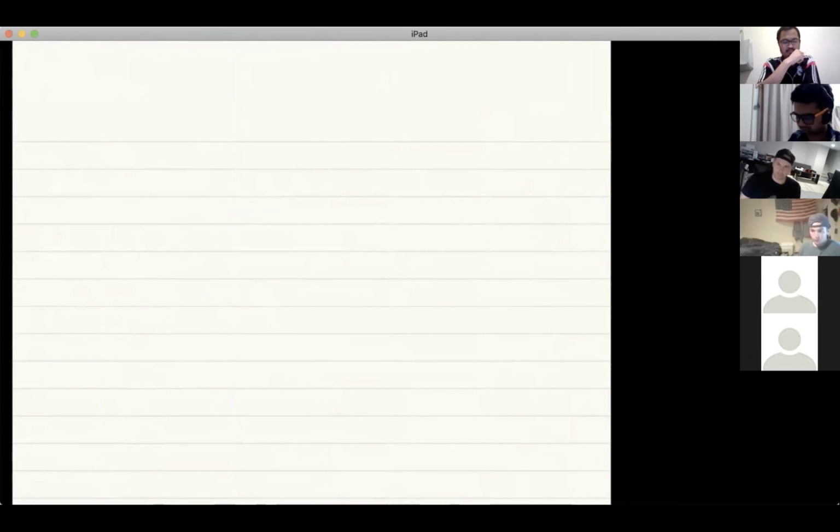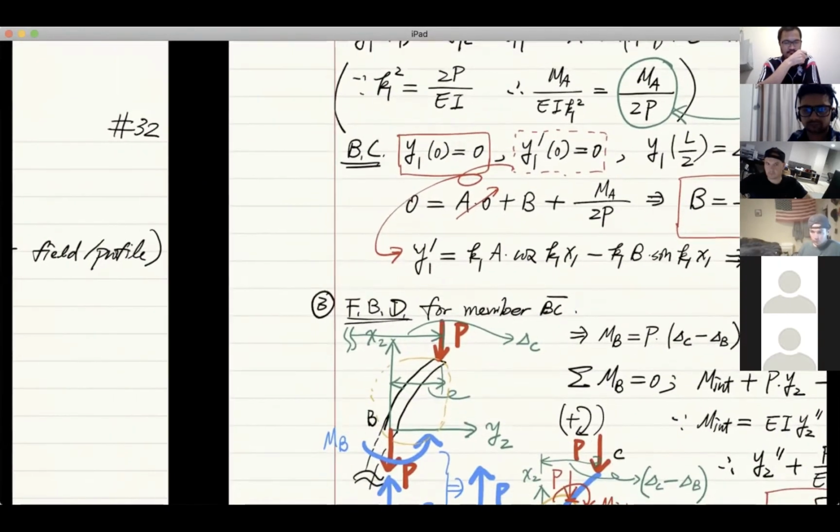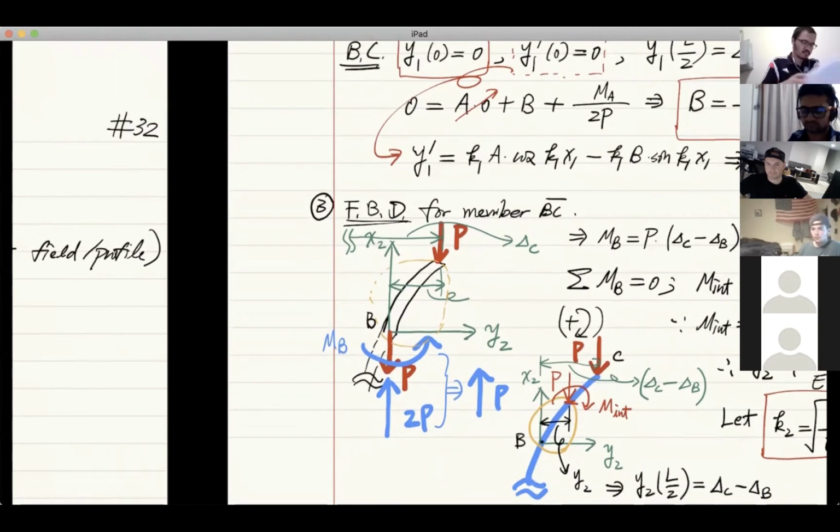Professor? Yes. What happens to our moment at A? We don't carry it over? No. The moment at A happens only at point A, because that has the effect of this P acting at point B. But as you can see, the moment is produced by, we have 2 P's, right?